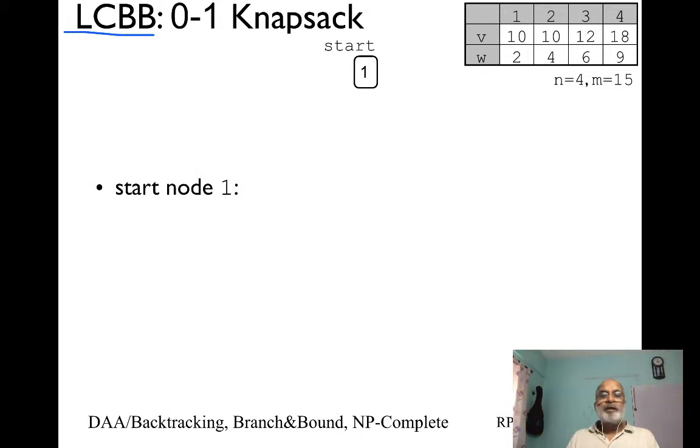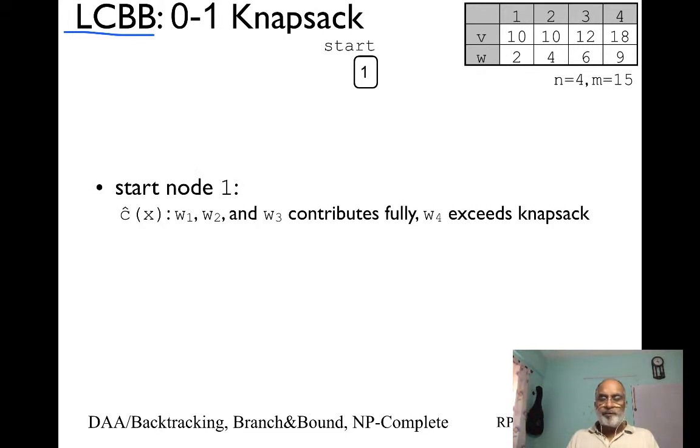As we said, we keep adding from the beginning so that my capacity doesn't exceed. So first I take the weight 2, then I look at 4, 2 plus 4 becomes 6, still less than 15. Then I take 6, 2 plus 4 plus 6 is 12, still less than 15.